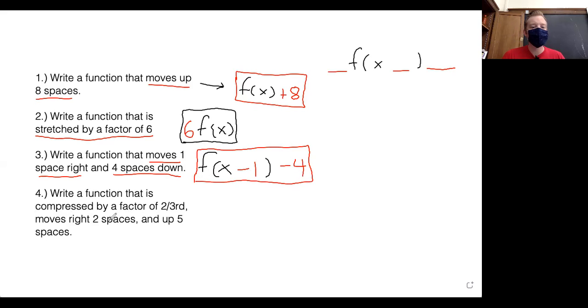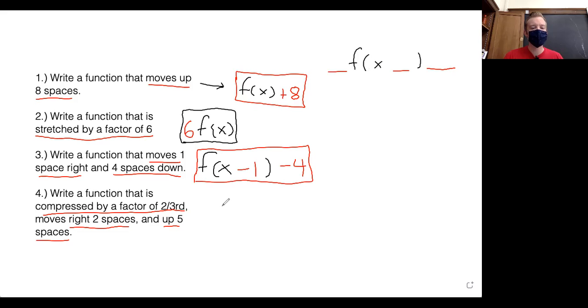Lastly, we see that we have 3 numbers on problem number 4. So we are compressed by a factor of 2/3. We're going right 2 spaces and up 5 spaces. So we have all 3 numbers. We need to figure out where they go. I mentioned before that stretches and compressions are always going to go in front of the f, and the same thing here.